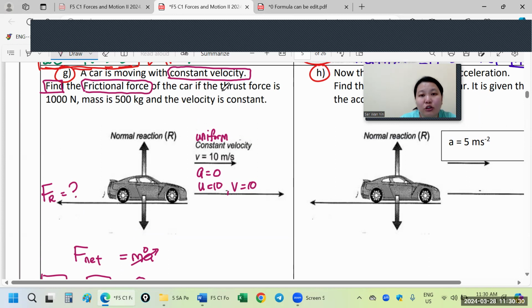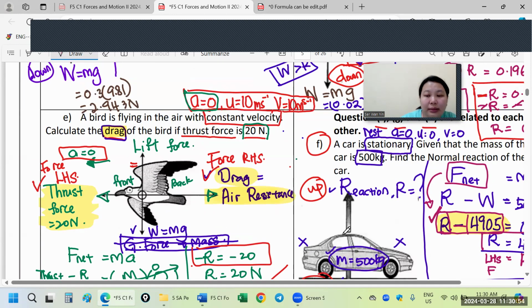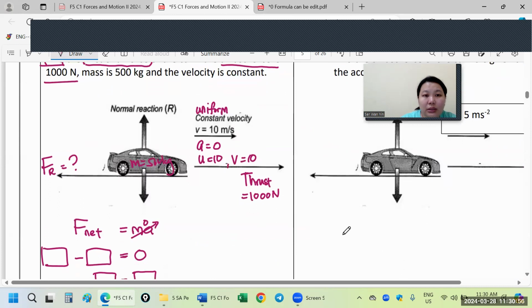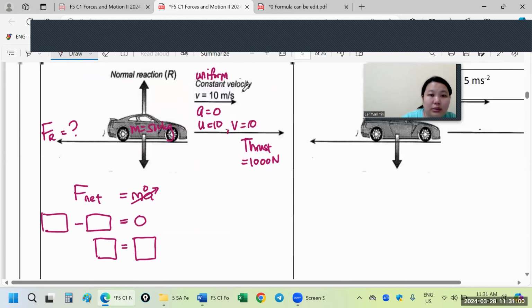Of the car, if the thrust force is 1000 Newton, and the mass is 500 kg, the same as just now, and the velocity is constant.